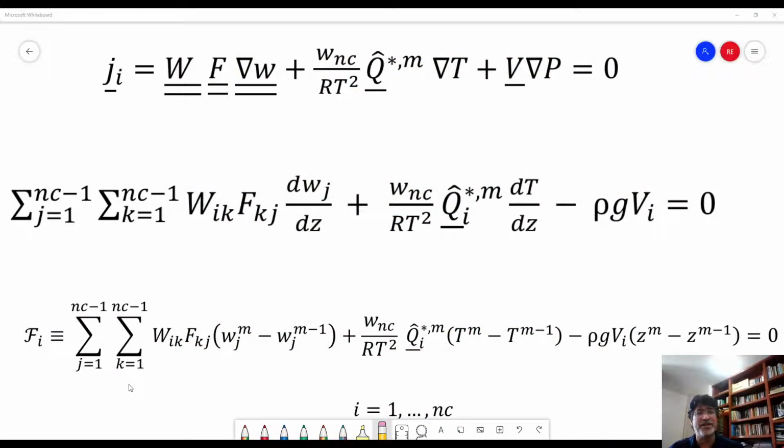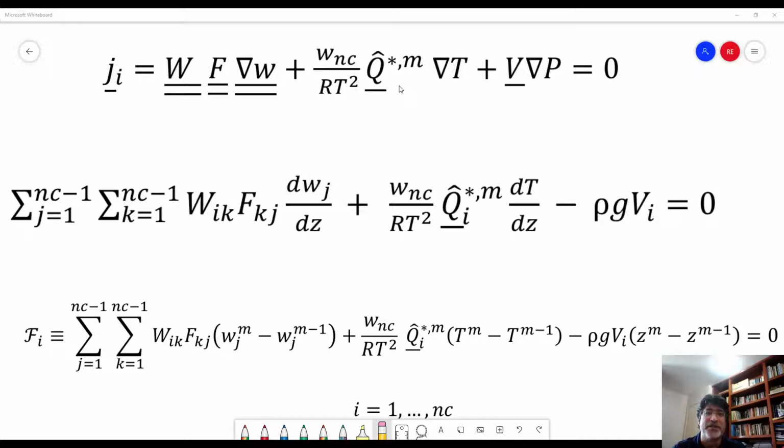Well, here's the equation of the diffusion flux, the only one that remains when you're dealing with a 1D system. So this is Fick's law, and this is the molecular diffusion coefficient. This is the temperature gradient term, the thermal diffusion term, the most important one.